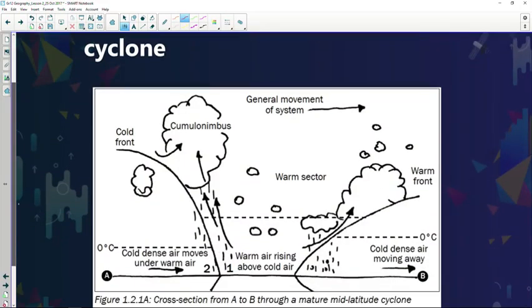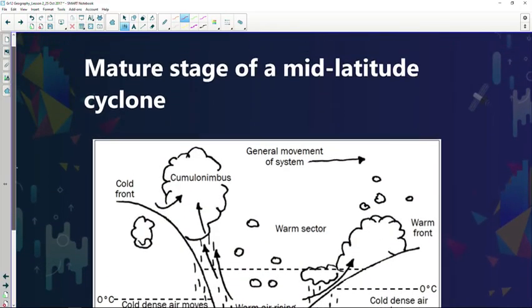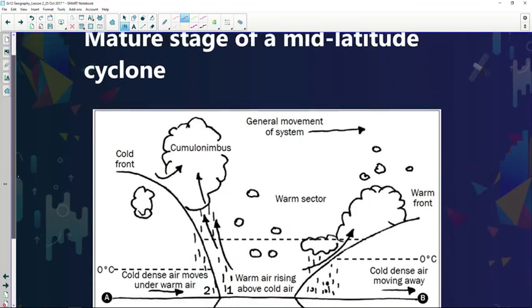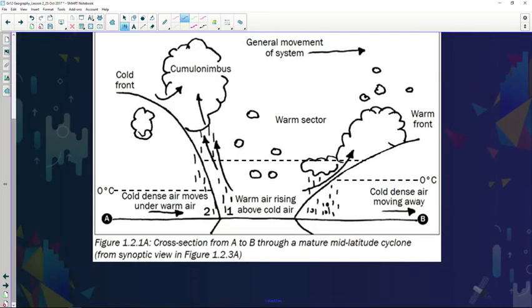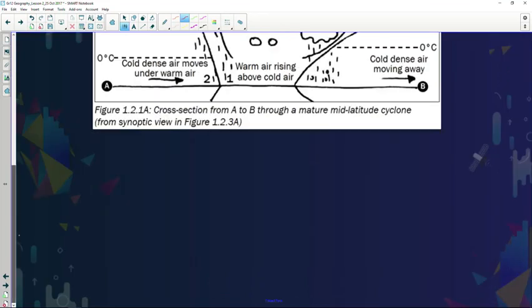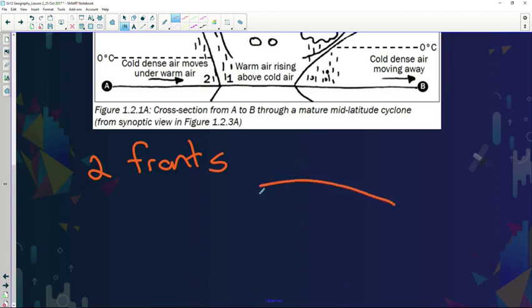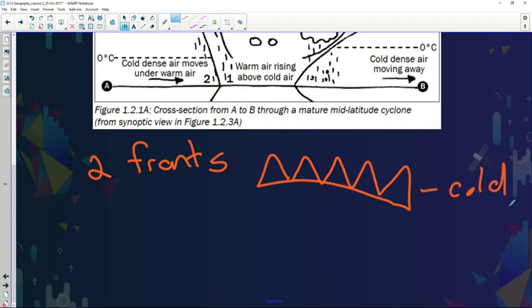Now, if we look at this mid-latitude cyclone during the mature stage, very importantly, this is a cross-section from A to B from a mid-latitude cyclone. From a synoptic point of view, very importantly, a mid-latitude cyclone consists of two fronts. Okay, first of all, a cold front and a warm front.